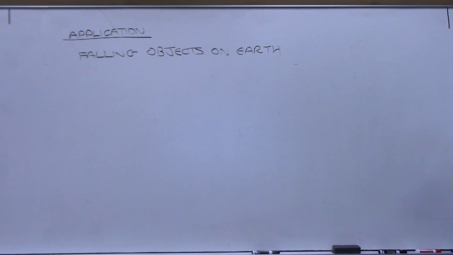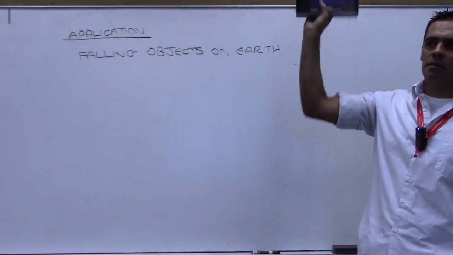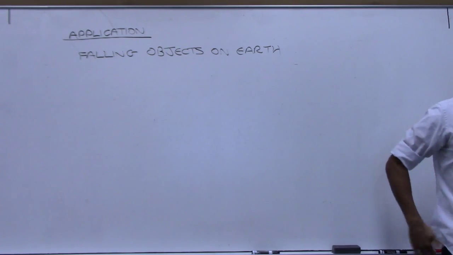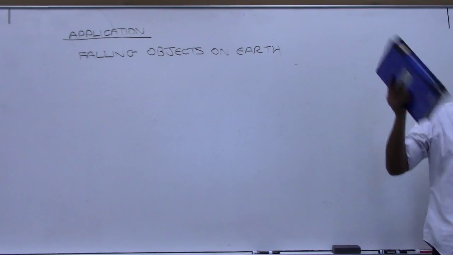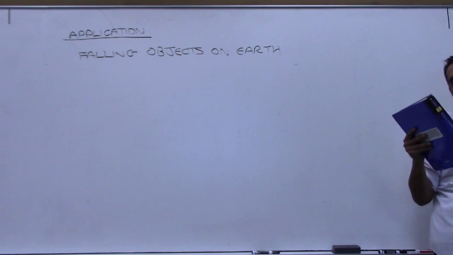You ready? Okay, so the book hits the ground first. Why? Because it's heavier? Heavier than the paper. Do we agree? Show of hands. Heavier? Paper? What do you think?